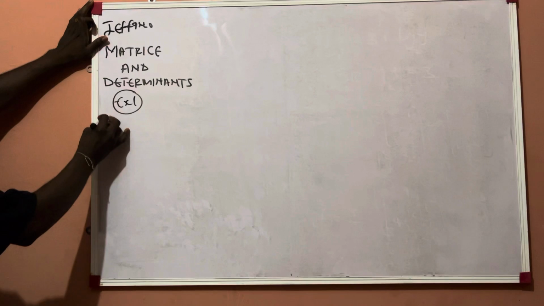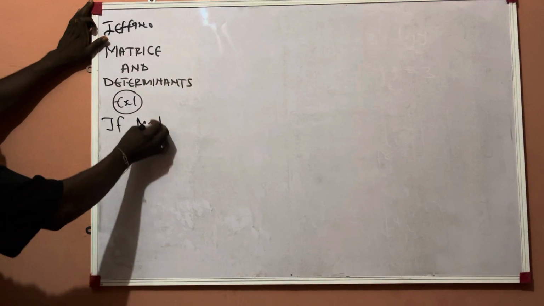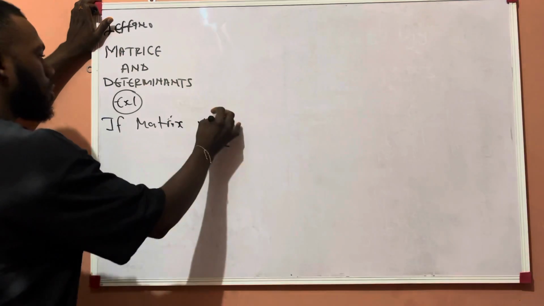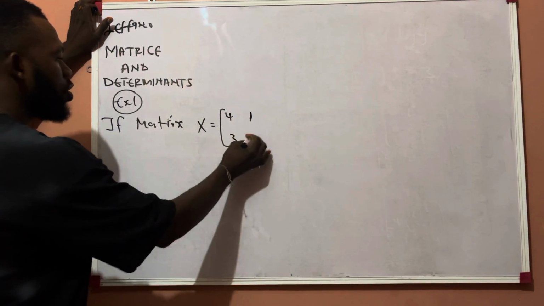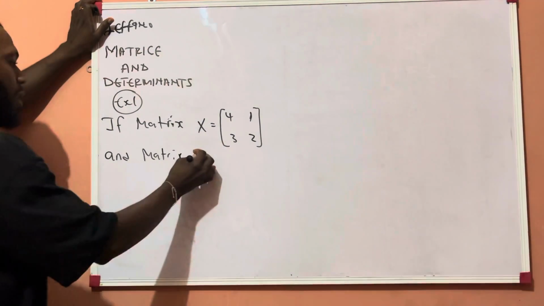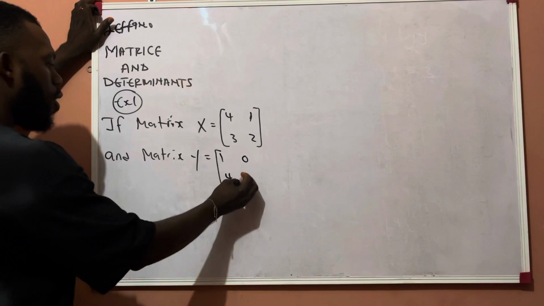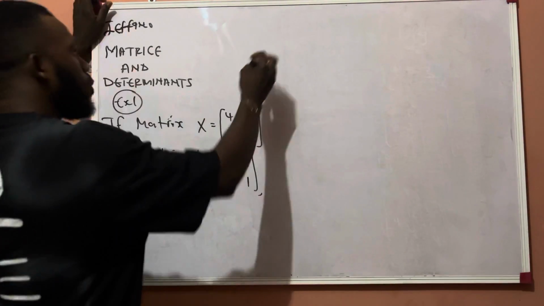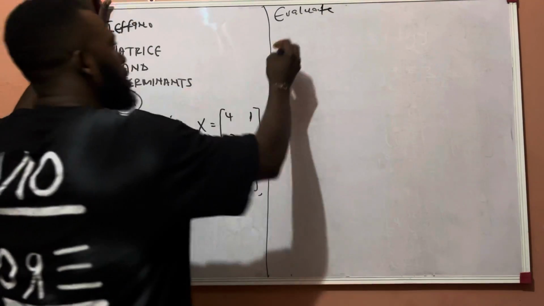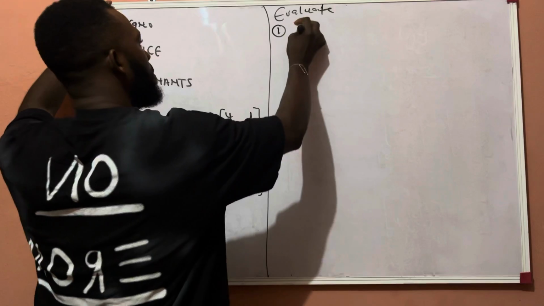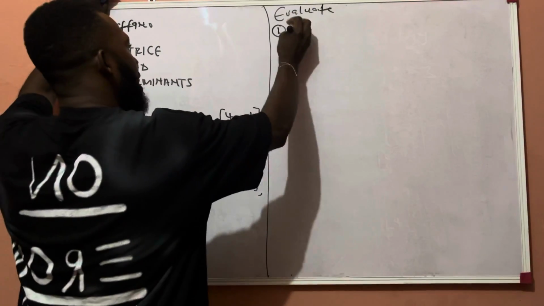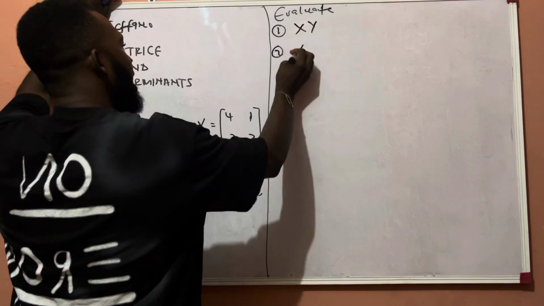It says, if matrix X equals 4, 1, 3, 2, and matrix Y equals 1, 0, 4, 1, evaluate number 1, XY, because we're using X and Y, not A. And number 2, evaluate X squared.